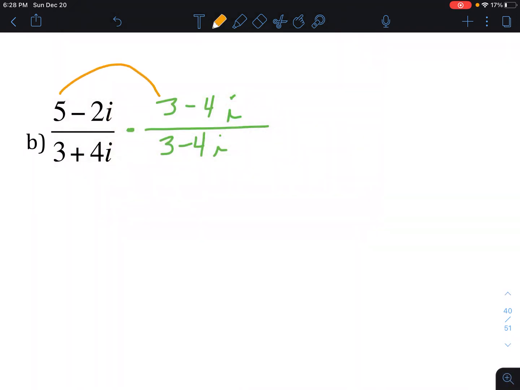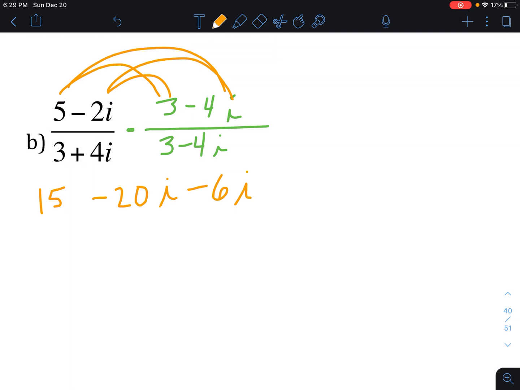So first, outer, insides, and be careful with the last. Negative 2i times negative 4i would be plus 8i squared.